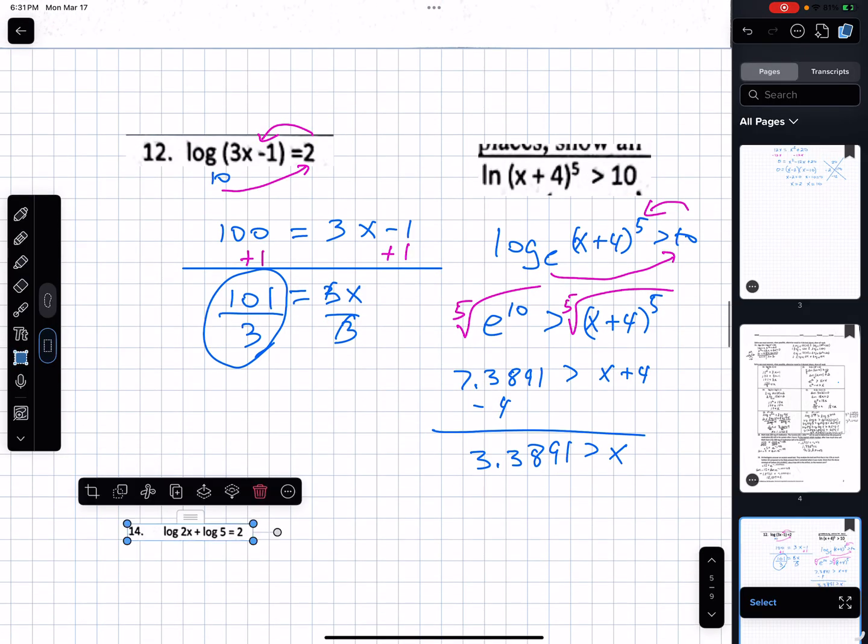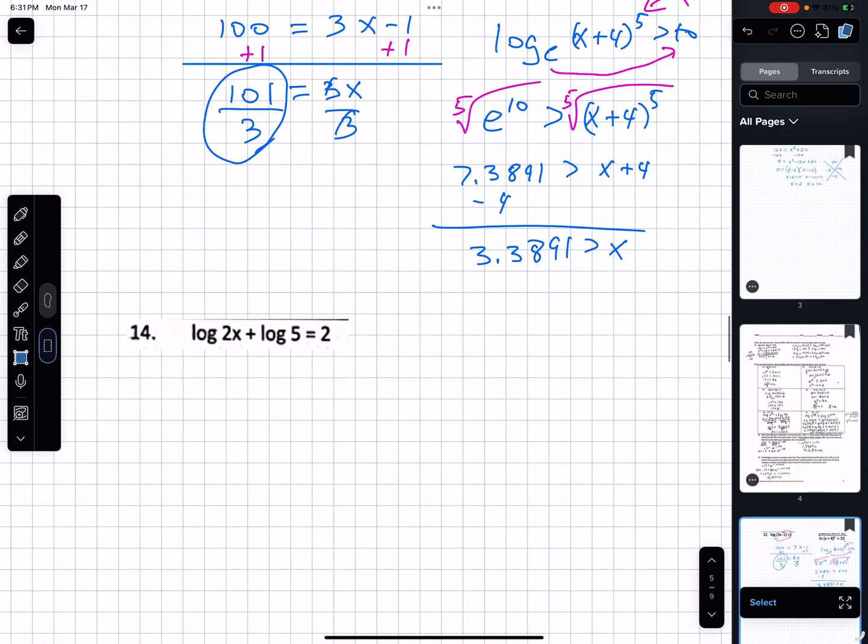Okay, so plus means what? Multiply. Yes. So we have log, what's 2x times 5? 10x. Log of 10x equals 2. No base, it's always base 10. And then we rewrite exponentially.